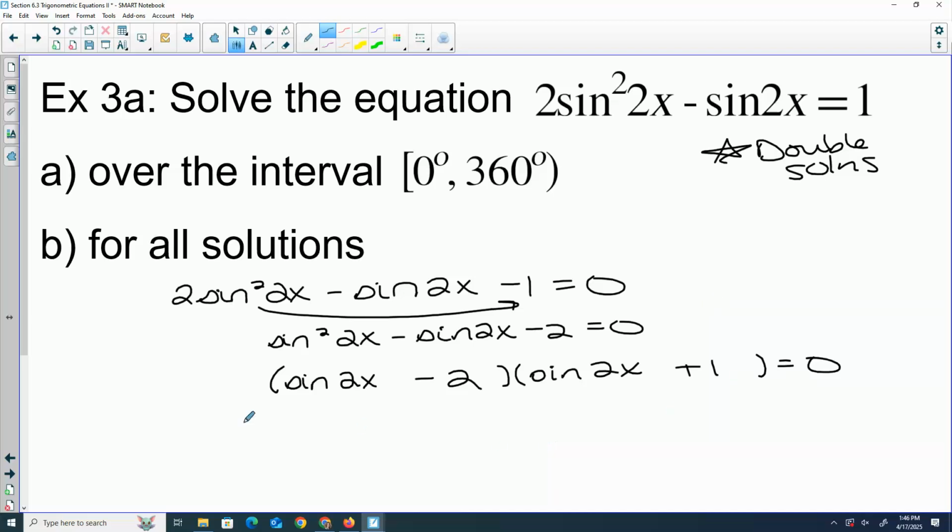So if we set those to zero, undo your slip and slide, so divide by 2. We get sine 2x is equal to 1, negative 1 half.